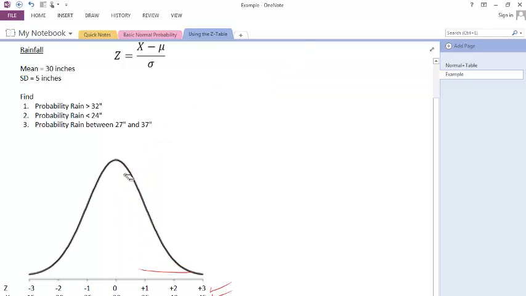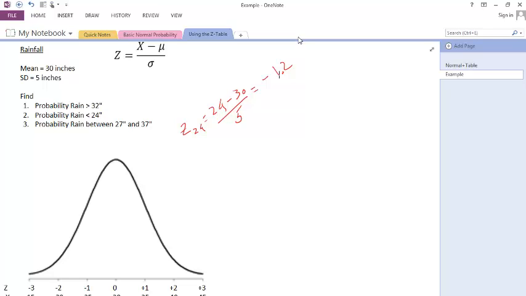Now we're going to find the probability that the rain is below 24 inches. Same thing, we'll find the z-value of 24, so a z-value of minus 1.2.